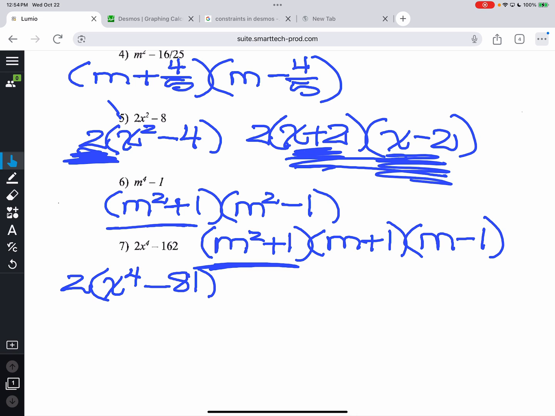And the question you ask yourself after you've said, is there a greatest common factor? Your second question is always, is it the difference of perfect squares? You're not done yet. You thought it was over. It just began. So how would we break down this part?